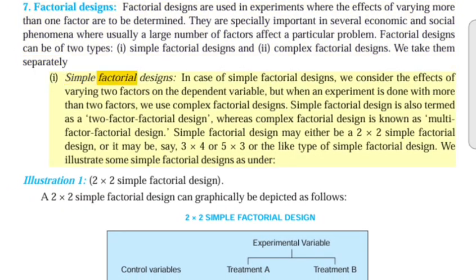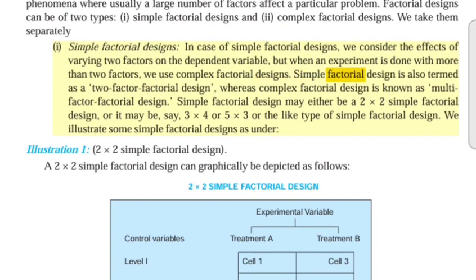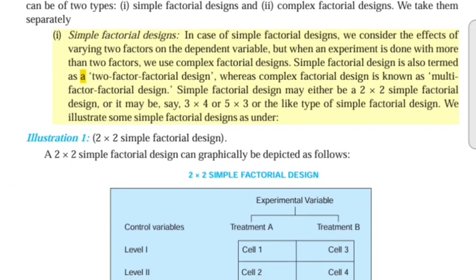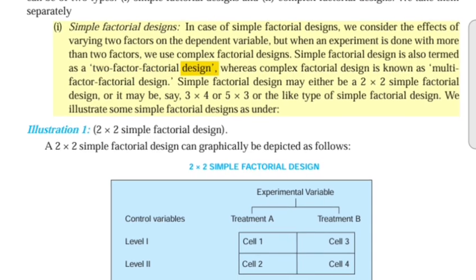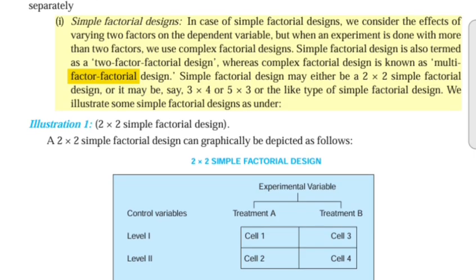1. Simple factorial designs. In case of simple factorial designs, we consider the effects of varying two factors on the dependent variable, but when an experiment is done with more than two factors, we use complex factorial designs. Simple factorial design is also termed as a two-factor factorial design, whereas complex factorial design is known as multi-factor factorial design.